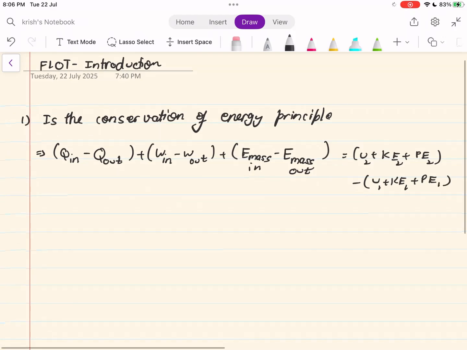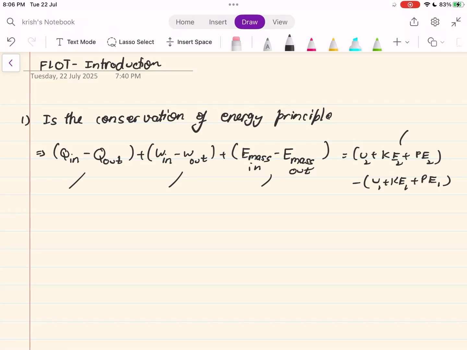Right? So this is conserving all the types of energy that we usually see in a system. Heat, work, energy of the mass flow is equal to the final internal energy plus the final kinetic energy plus the final potential energy minus the initial internal energy, initial kinetic energy and initial potential energy, right?